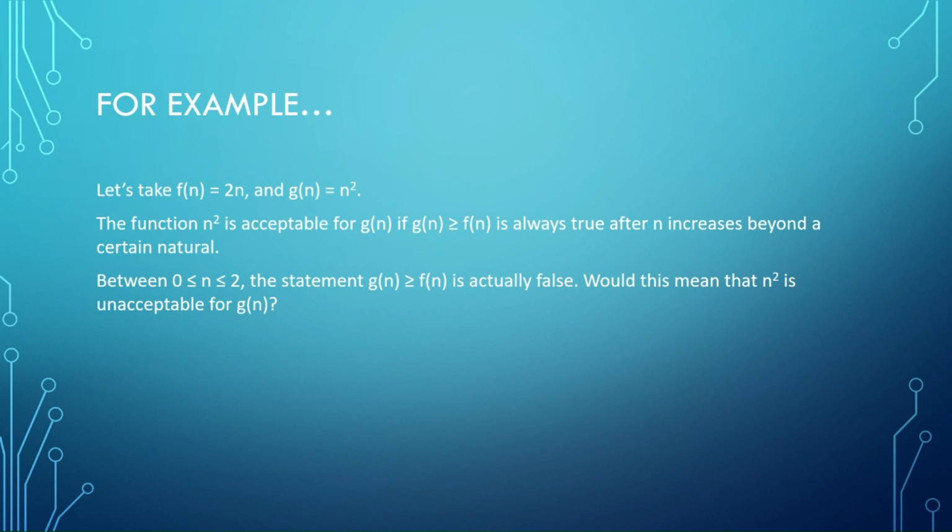Between n equals 0 and n equals 2, the statement is actually false. Would this mean that n squared is unacceptable? What do you guys think? Do you want to post in the chat? Or, I mean, it might be fairly obvious, but just for more interactivity with the audience.